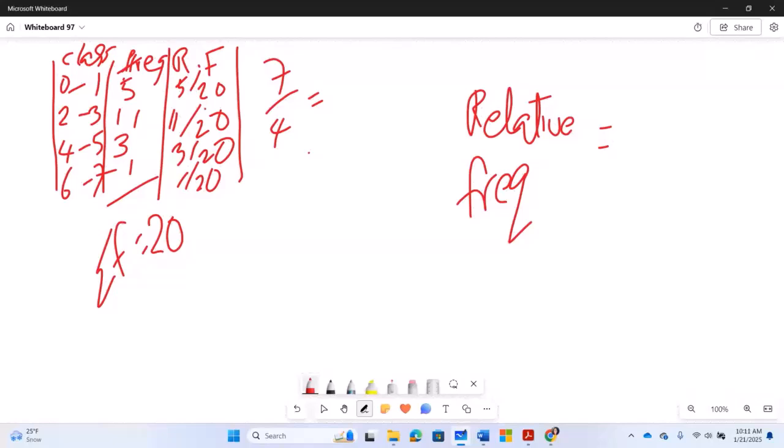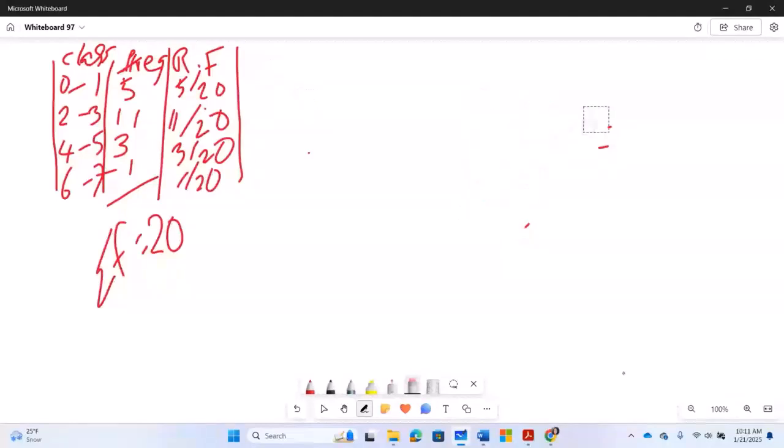Okay, suppose I am told to create a column for cumulative relative frequency. So the cumulative relative frequency, if you want to find that, you accumulate the frequencies.